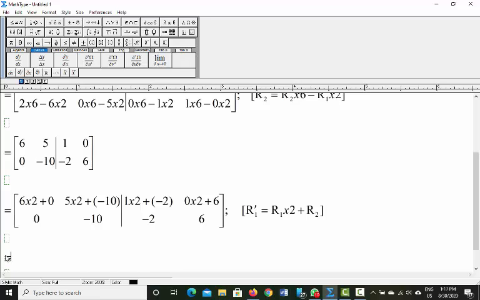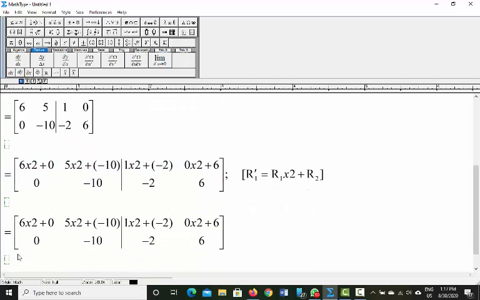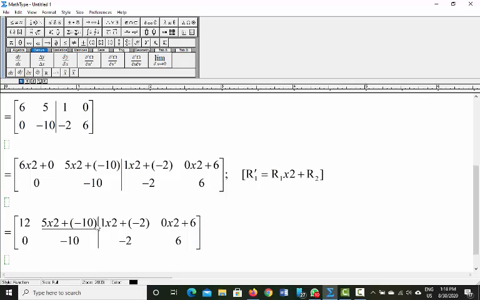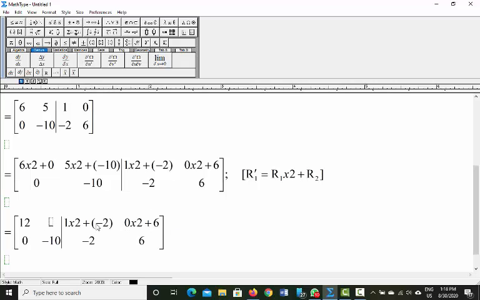Now what will we get? Let us simplify. 6 multiplied by 2, so 0 you don't need to write. 6 multiplied by 2, that means 12. Here 5 multiplied by 2 is 10, minus 10, we get 0. 2 multiplied by 2 minus 2, we get 0 also here.